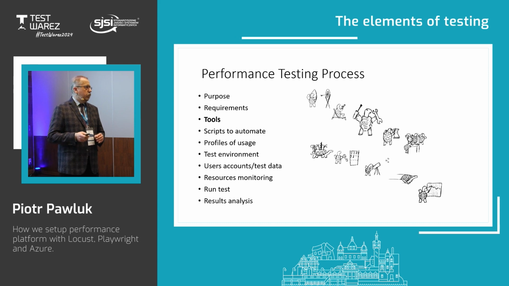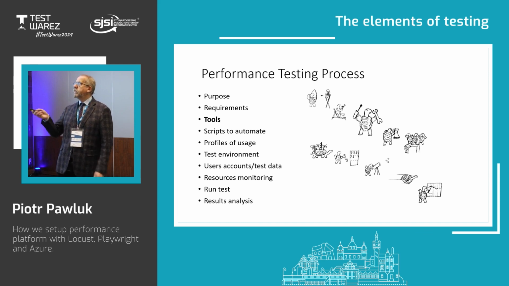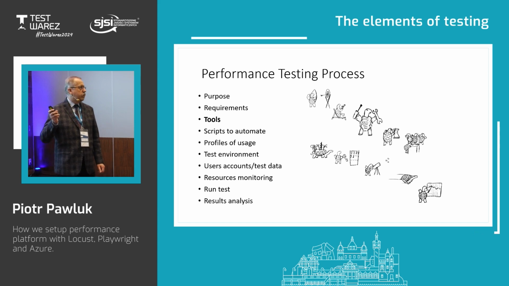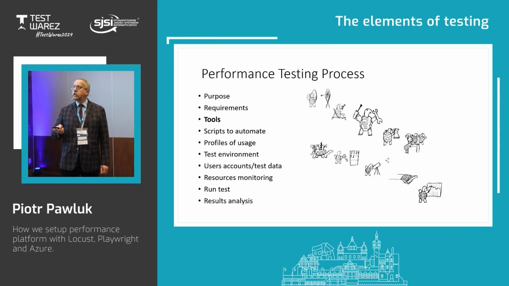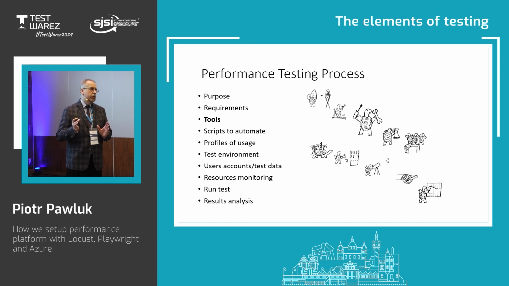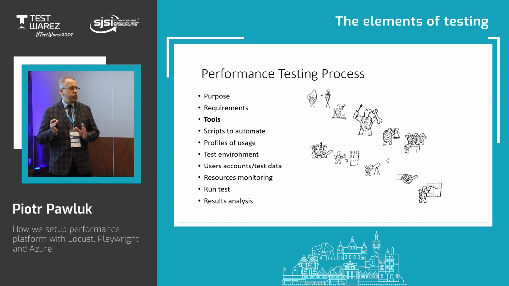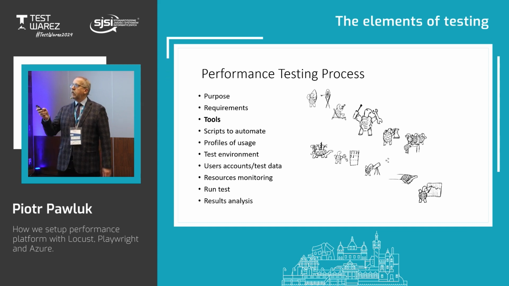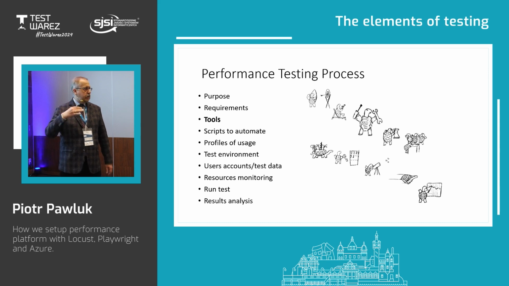Now we need some tools to use. And this whole presentation will be rather on the tools, but let's go further through the process. Usually, if we are not checking from a single user perspective, we need to automate some scripts, and we need, let's say, a step-by-step instruction of what we should automate.